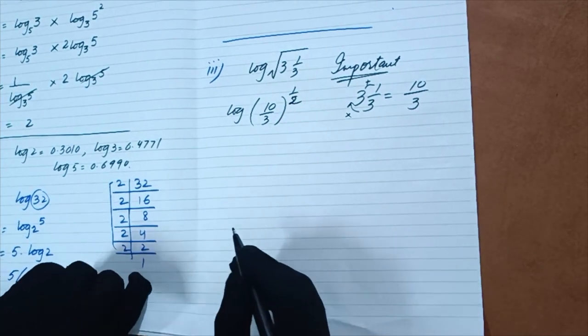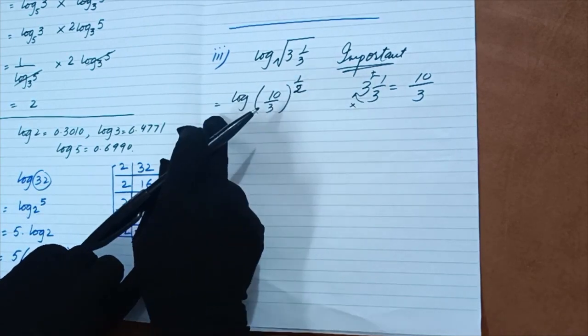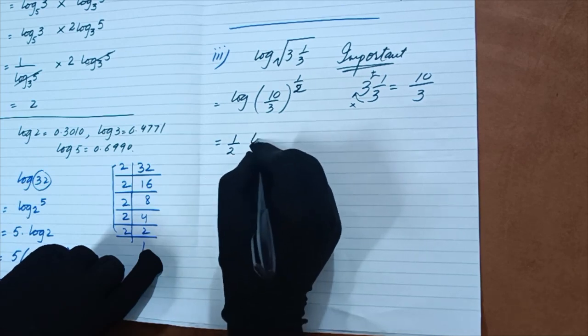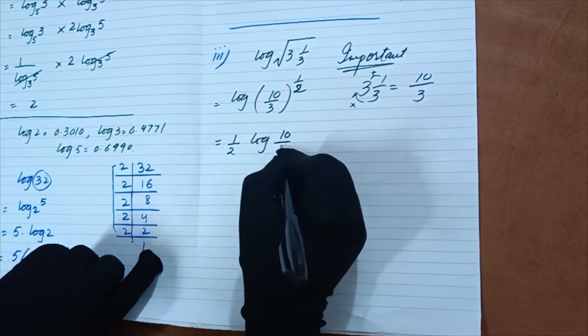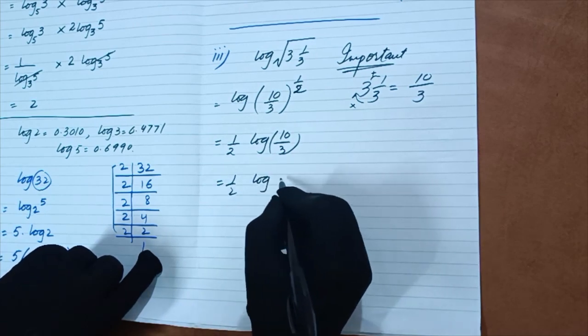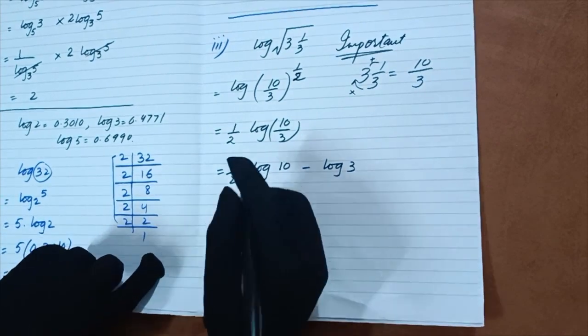Square root means 1 by 2. Now this exponent can be written at the start, because whatever the exponent, it is shifted to the start and multiplied. So 1 by 2 times log of 10 minus log of 3. Keep the bracket.